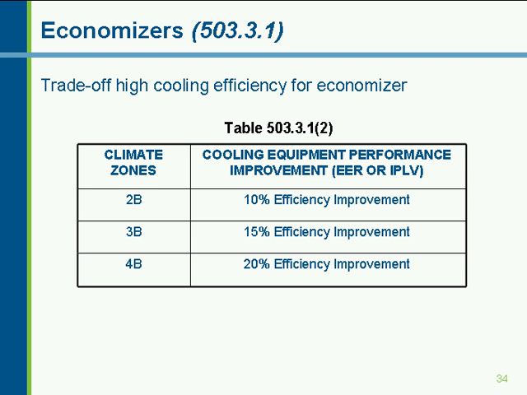Depending on the climate zone, it tells you how much better than the minimum requirements your cooling system needs to be in order to be exempt: 10% in zone 2B, 15% in 3B, and 20% in 4B. In the other climate zones that aren't shown in the table, there is no efficiency improvement that can get you out of the economizer requirement. So that would be climate zones 5 and 6, I believe.